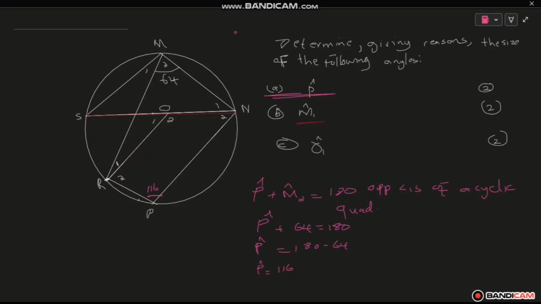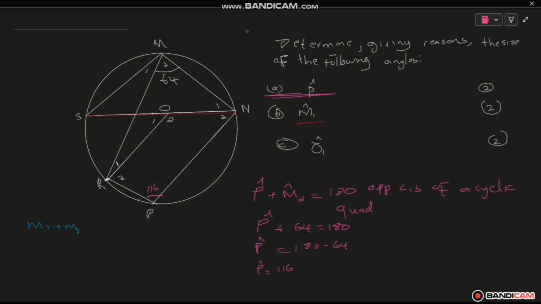But we were asked to find M1. You know that SN, as I'm highlighting, is a diameter. Then it subtends an angle of 90 at M1 plus M2. So that's what we know. M1 plus M2 equals 90, but we are given M2 as 64, meaning that we can add M1 and M2 to get 90. Then we solve for M1.